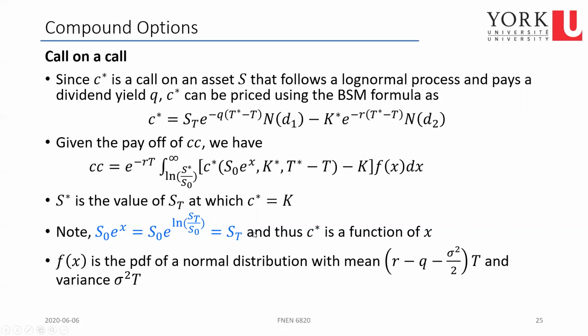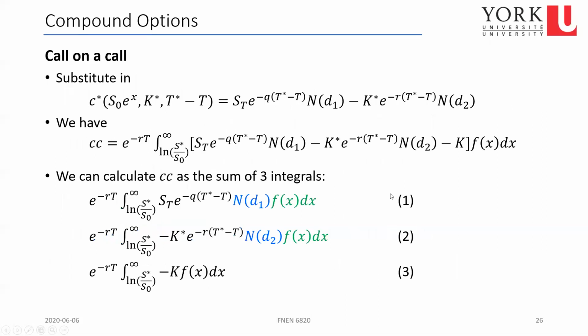So this is basically a discounted expected value in the risk neutral world. The mean of the normal distribution is R minus Q minus sigma squared divided by 2 times T, and the variance is sigma squared T. Okay, so we need to figure out what's inside this integral.